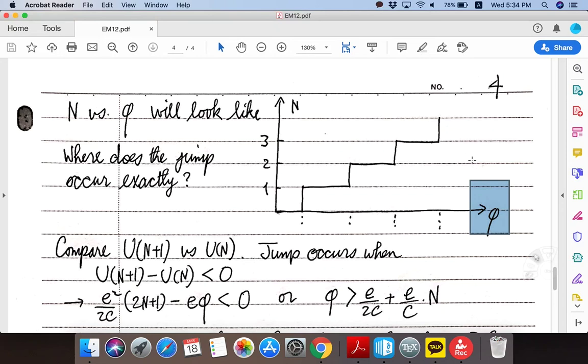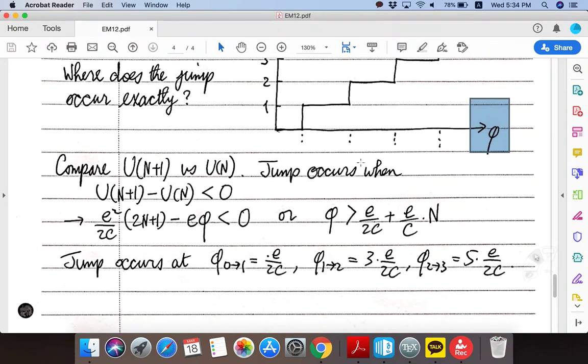So that's the expected behavior, and that's in contrast to a straight line, which would be expected if n was regarded as a continuous variable. But now the interesting question is just exactly at what value of this potential phi will this jump take place?